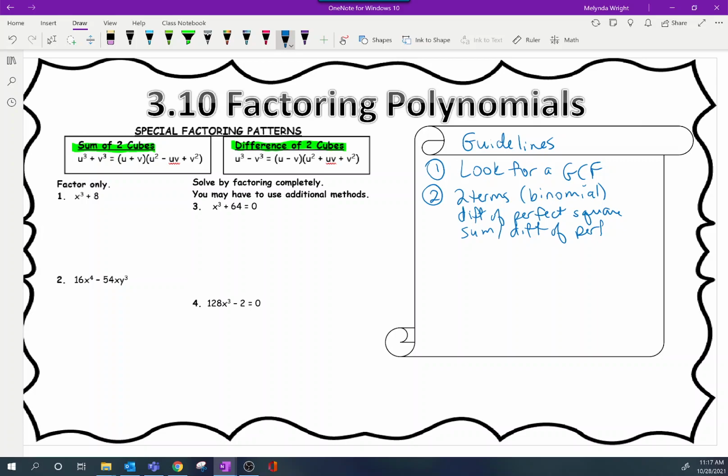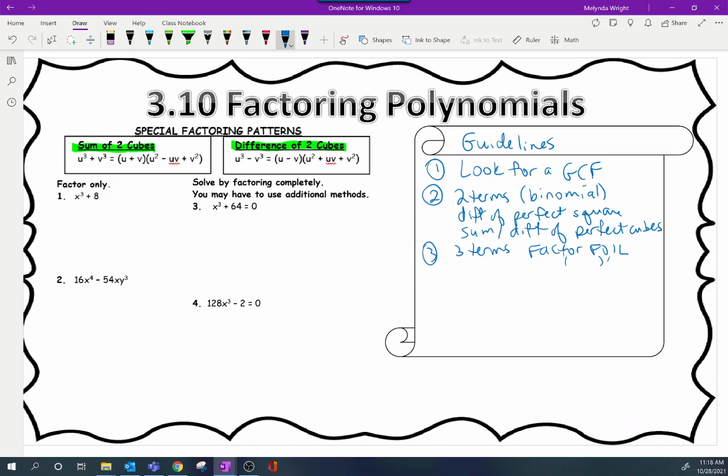Then if we have three terms, we will factor like FOIL. That's what we did before. Remember, factor like FOIL is like with the two bubbles, where we open those up.